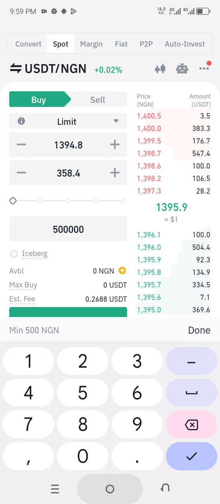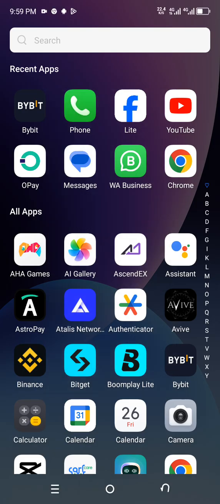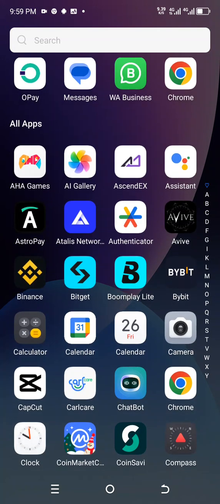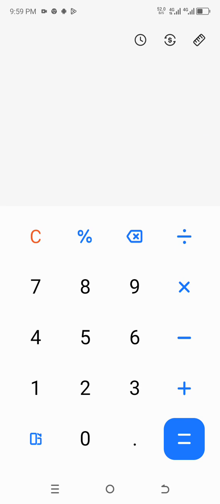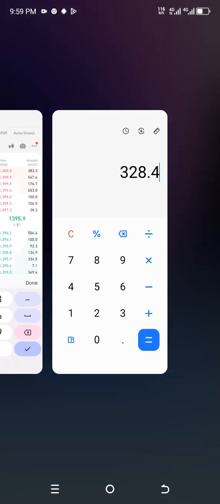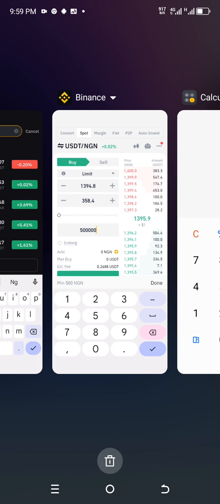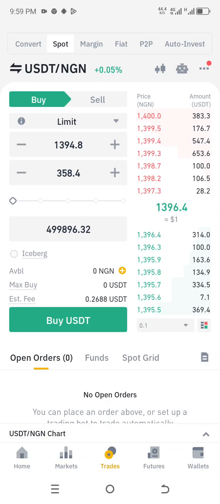Write it down. If we use 500k to get this amount, let's go to peer-to-peer transactions and see how much we can sell this USDT.